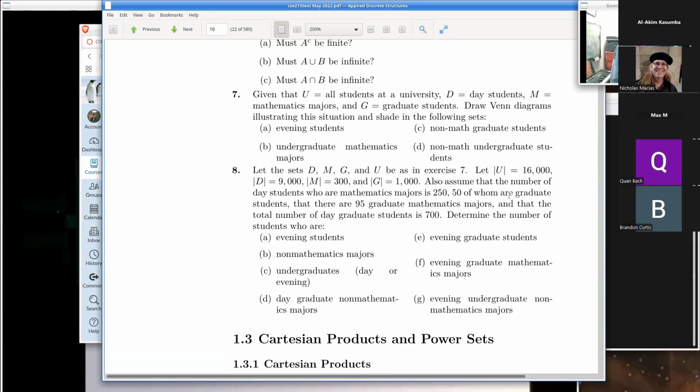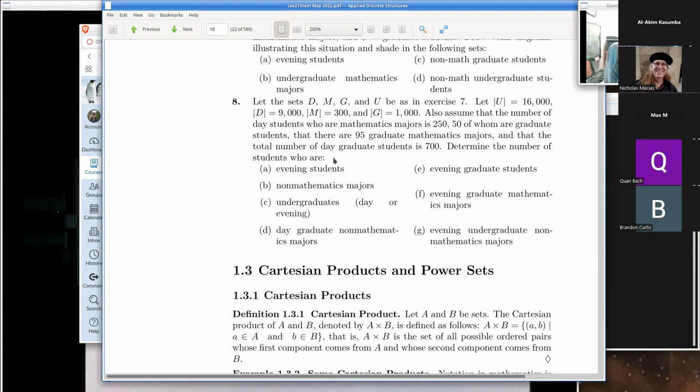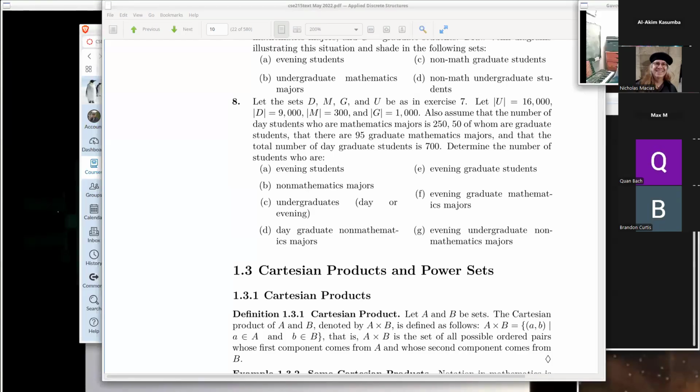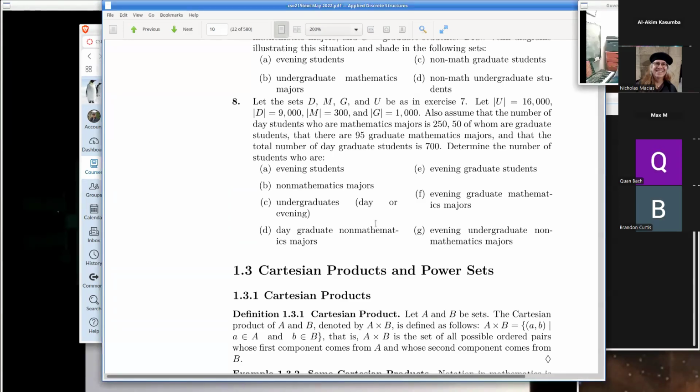So how can we set it up? Should we use not for D, actually they graduate non-math students? Should we use union symbol? So yeah, like day graduate non-mathematics.